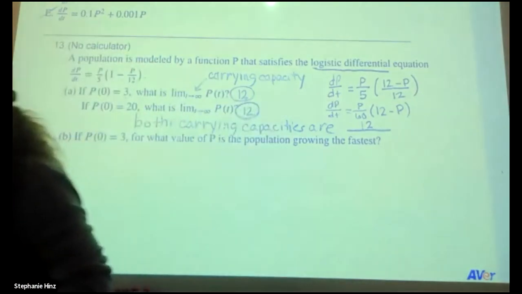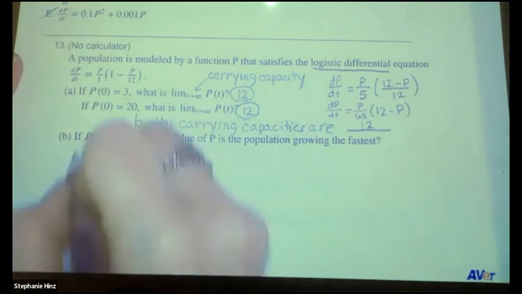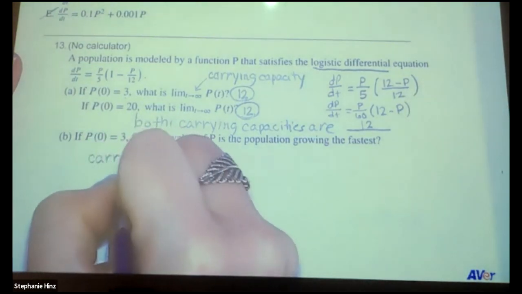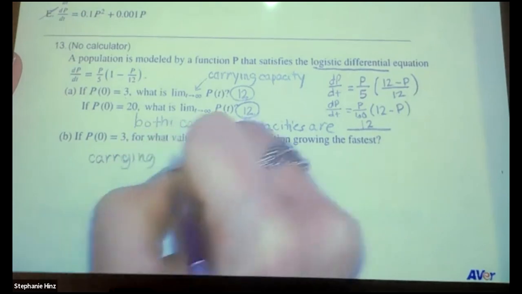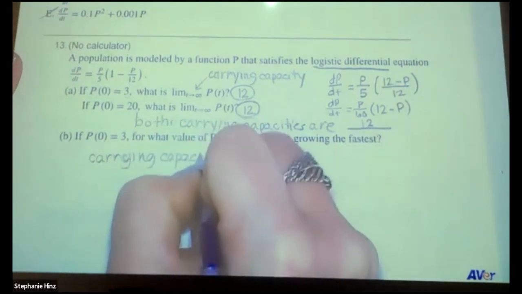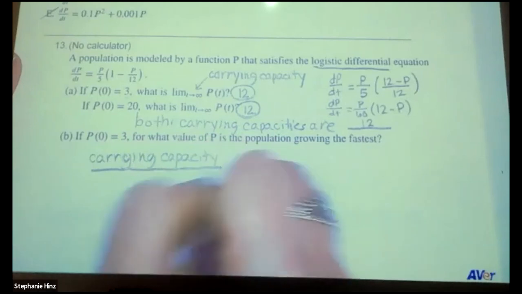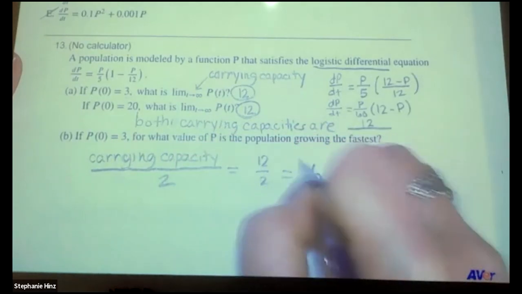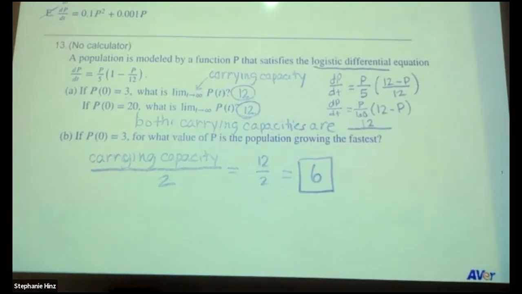So halfway between 0 and 12, you're going to take your limiting capacity or your carrying capacity, and you're going to divide that by 2. So 12 divided by 2 is 6. We are growing the fastest at 6. We don't have any units, so we're not going to make up any units.